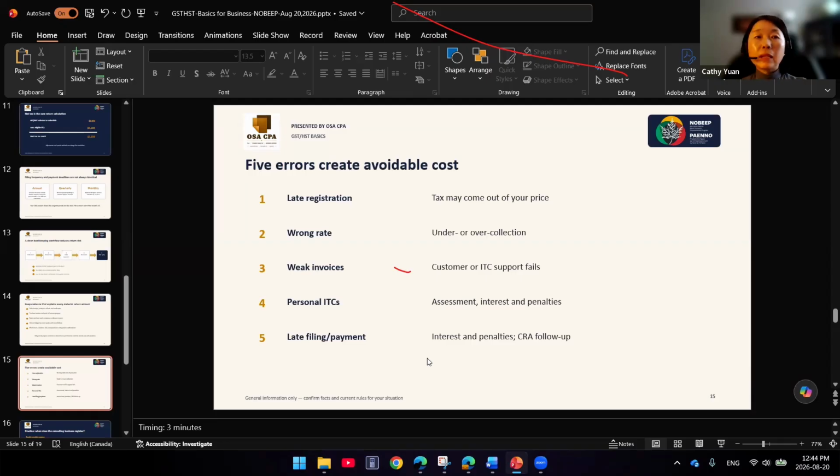Then we have to spend lots of time and lots of money to argue with the CRA. No, you were wrong. My revenue is 0. My revenue is only 1,000. This kind of case, the CRA handles very slowly.